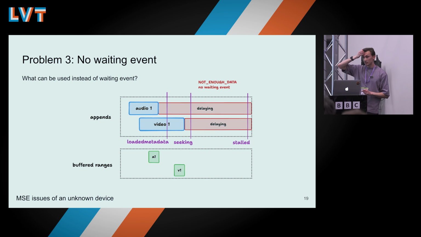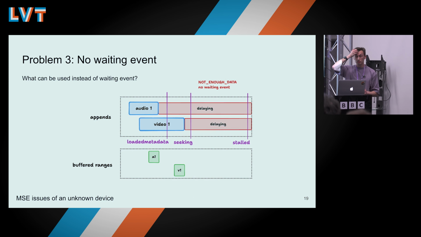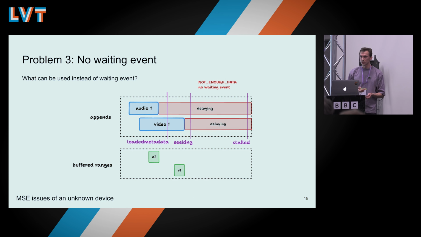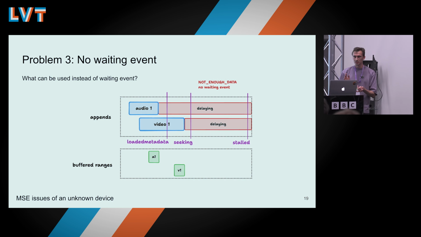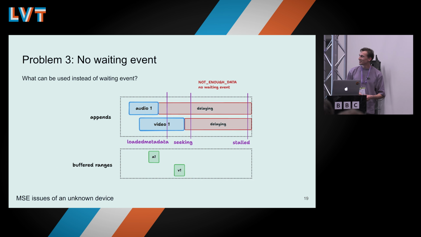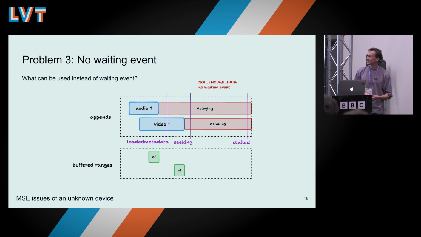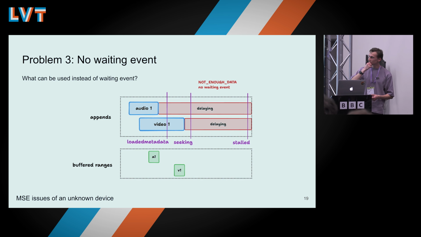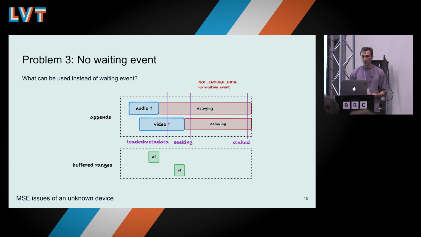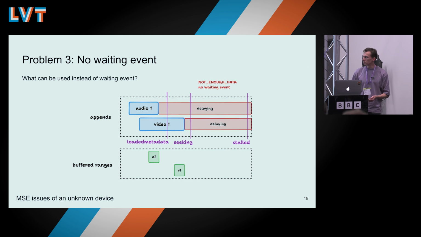When we tried to run it in the full app, there were more resources used by the application. You already have trackers or ads or other features on top, and they consumed many resources. Because of this, the waiting event stopped being dispatched. I cannot really explain why. It comes down to the bespoke implementation of the web API and MSE.